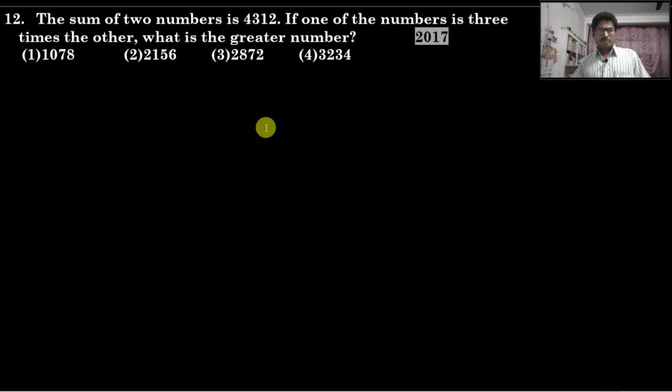12. The sum of two numbers is 4312. If one of the numbers is 3 times the other, what is the greater number?